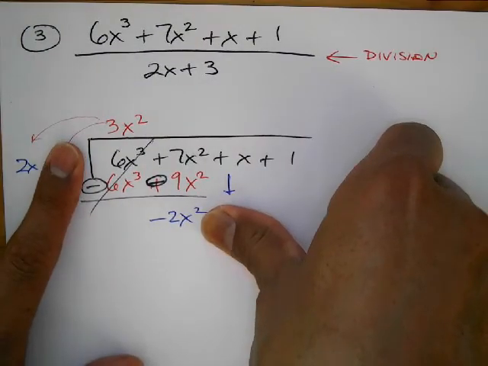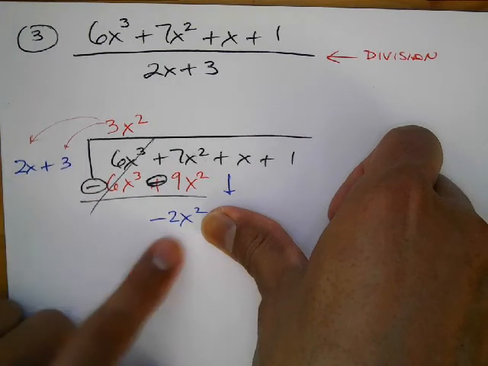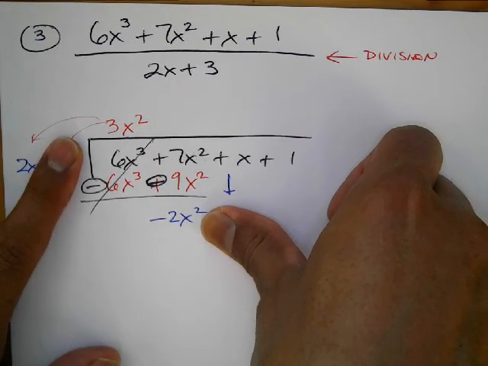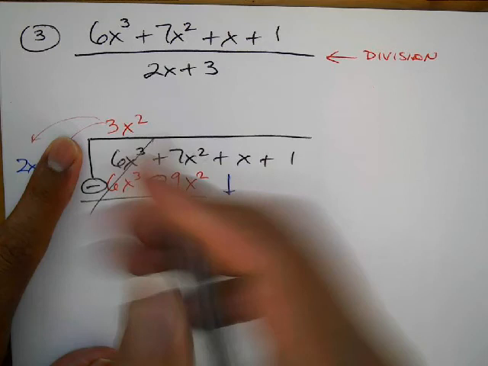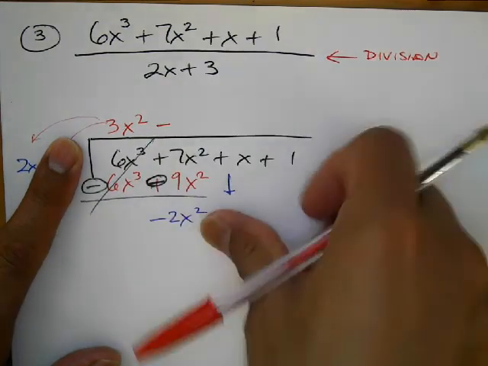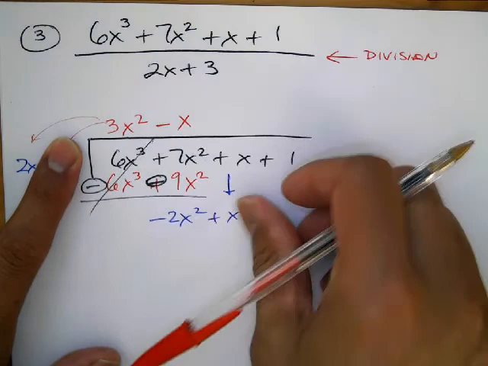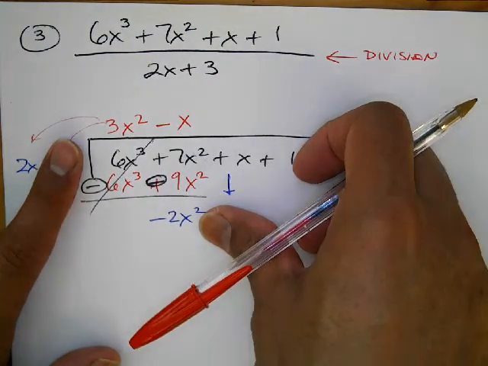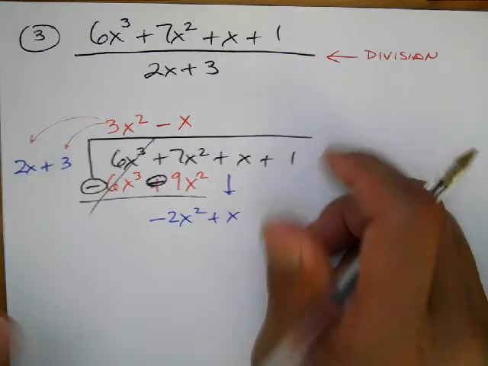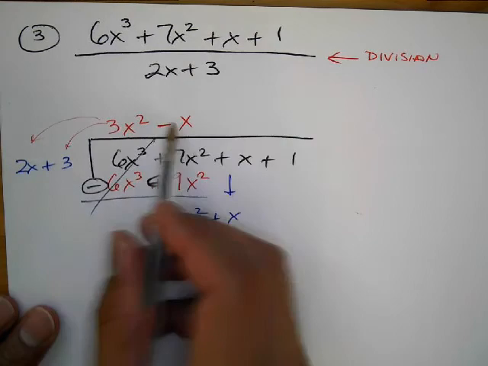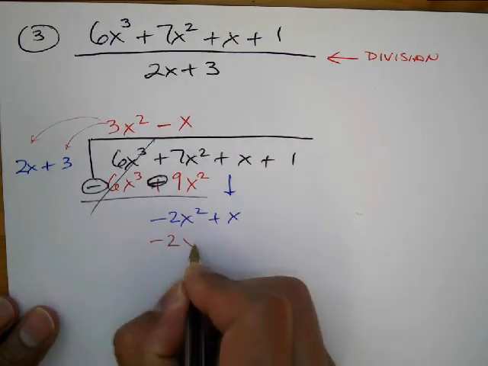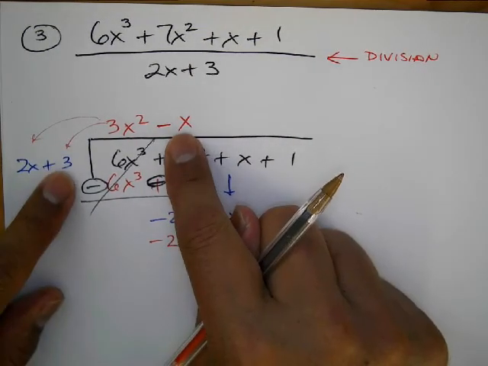Let's start again. How do we start? We just look at the first one. What do I need to multiply to this 2x to give me this? Well, I need a negative and an x. A negative, right, because it has a negative. I don't need a 2, it already has it, but I do need an x. Now multiply to both.